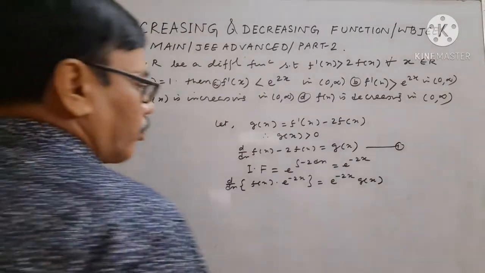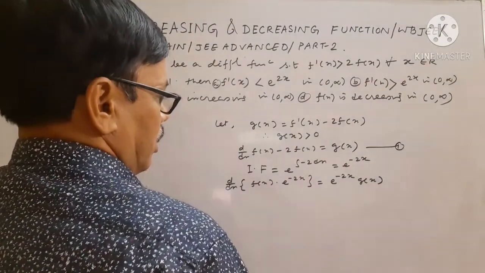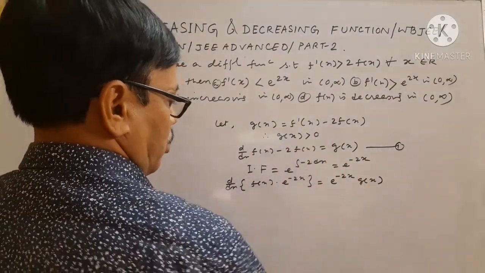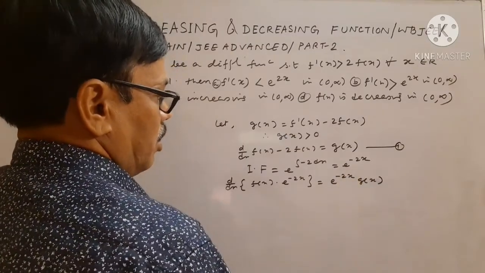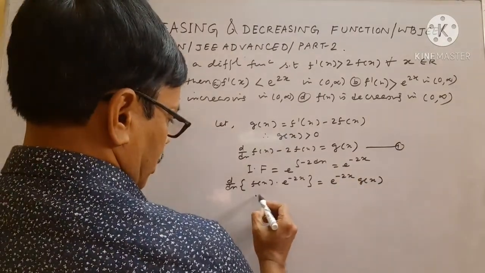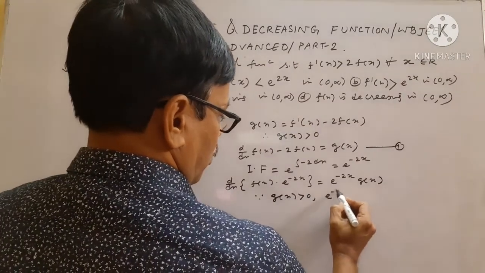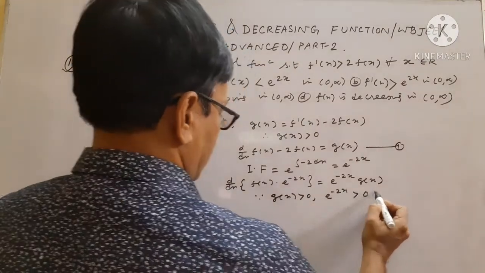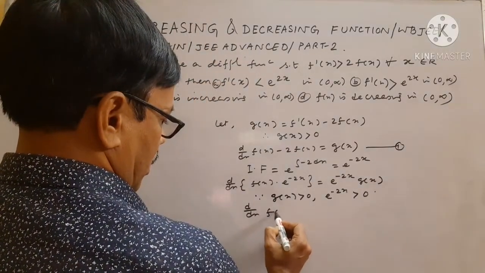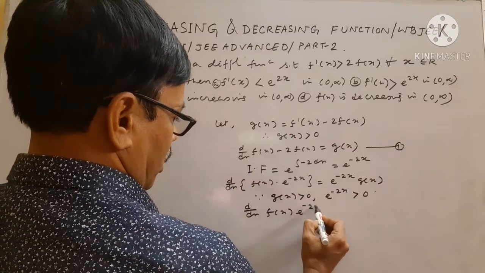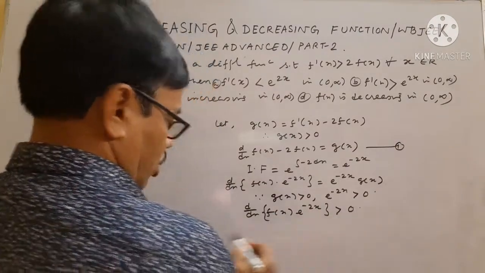Now, g(x) is greater than 0, it is given that g(x) is positive, and e to the power minus 2x is always positive. Since g(x) is greater than 0 and the exponential function is greater than 0, d/dx of f(x) times e to the power minus 2x is greater than 0.